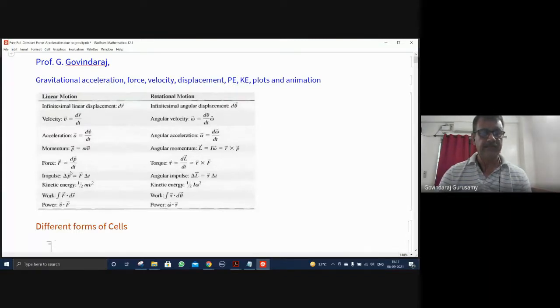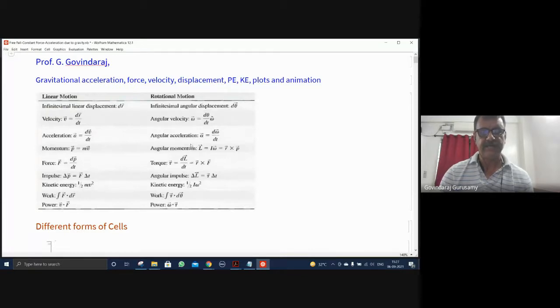Derivative of this is going to be force. Acceleration into mass is going to be force. That's your second law. Impulse, of course, how short a time it is going to act, del t. Then from that you have the other variables like work, energy, and the power.